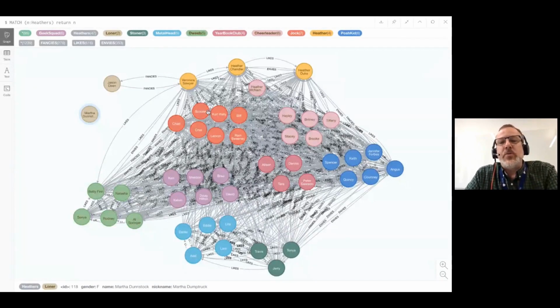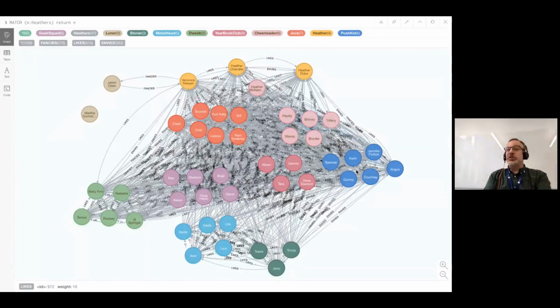Then kind of working down, we can see a bit of a social hierarchy. So there's jocks, there's cheerleaders, the posh kids, the country club kids, the yearbook club, the geek squad, the dweebs, and then down at the bottom, we have the metalheads and the stoners. This just kind of generally reflects the stratification of high school society at Westerberg High.